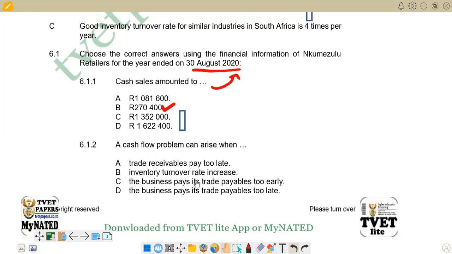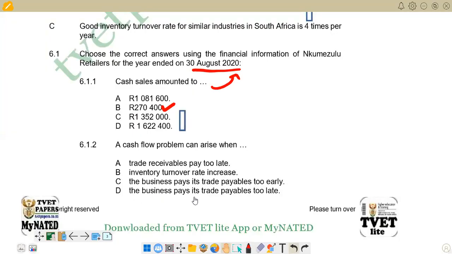Then C is the business pays its trade payables too early. It means the cash is going out early, so this is not directly affecting our cash flow problem. The same as D, it's not affecting the cash flow problem. So the only appropriate response that we have there is A.